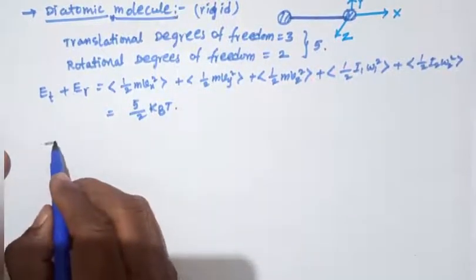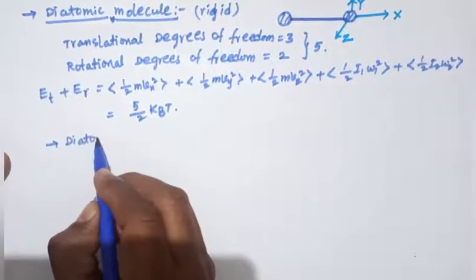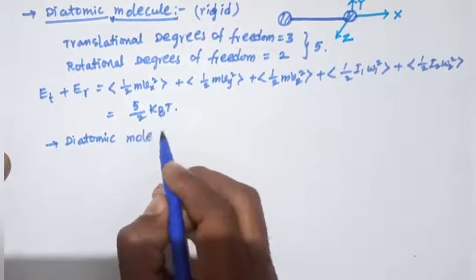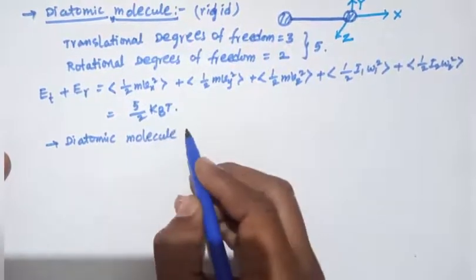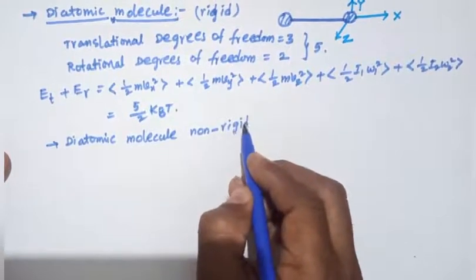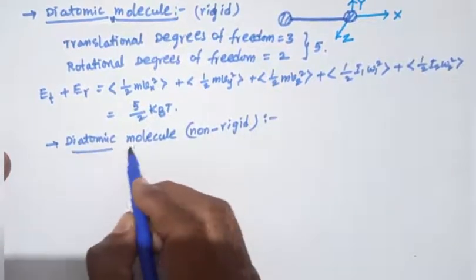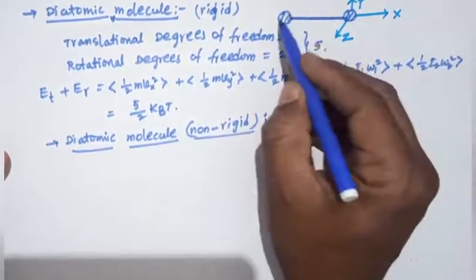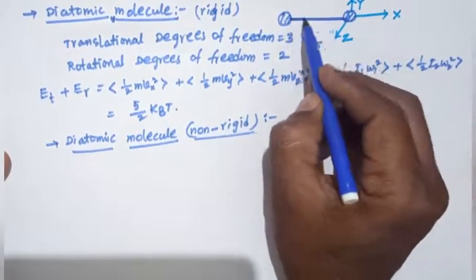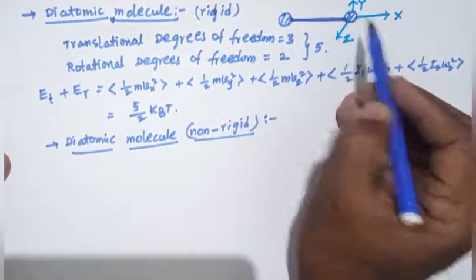Again, the diatomic molecule, non-rigid. In the rigid rotor, the atoms are fixed and not vibrating.